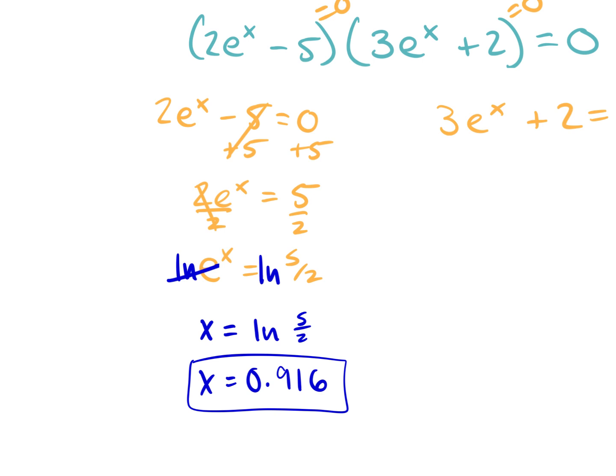Now in the second one, we're going to do the same thing. So 3e^x equals negative 2, when you subtract 2 to the other side. Divide by 3. e to the power of x equals negative 2/3.